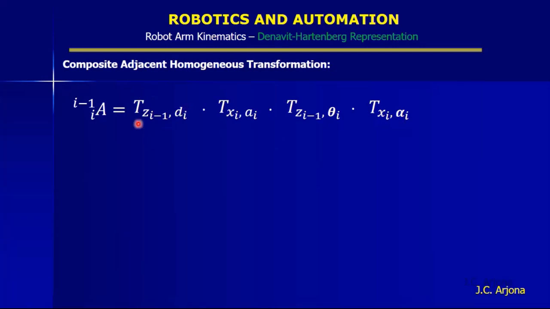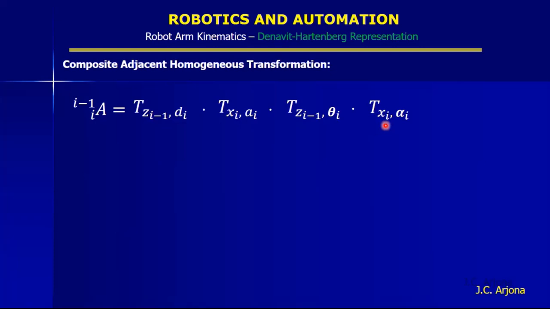So this is the first homogeneous transformation along the zi minus 1 axis where the di is defined. And this is the homogeneous transformation along xi where the distance is defined, and the angle with respect to the zi minus 1 axis where the angle is defined between zi minus 1 and zi.